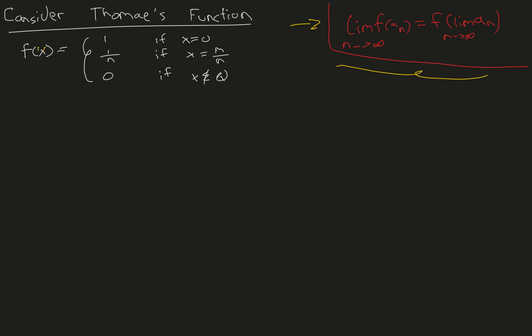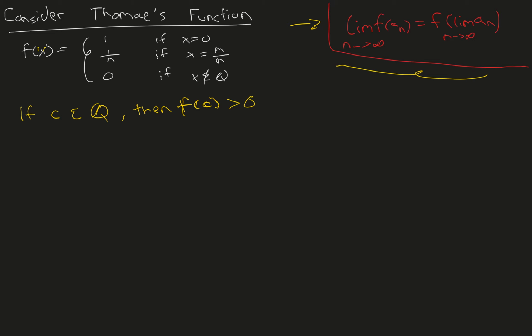So let's say c is a rational number. Then f of c will always be greater than 0. Why is that? Because c is a rational number, f of c will always be positive.